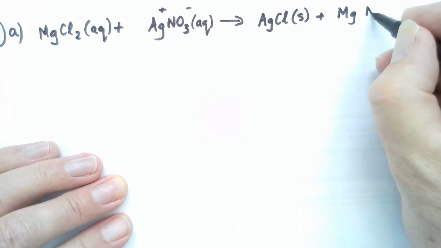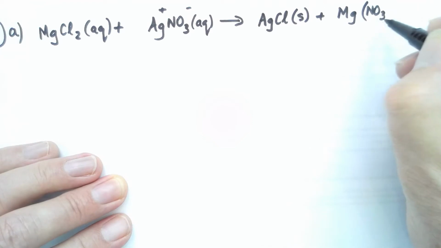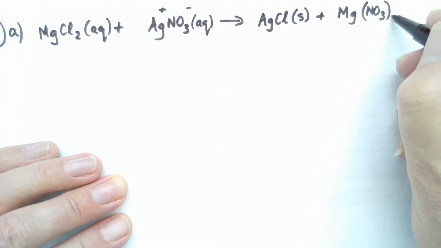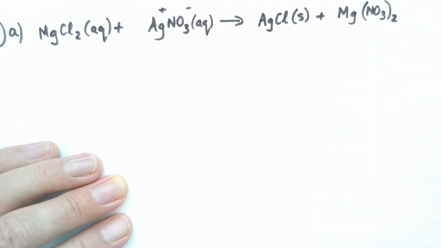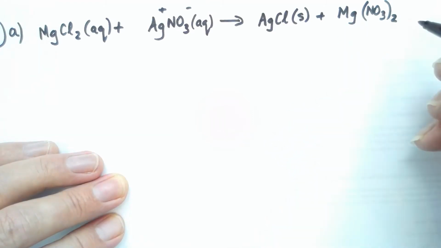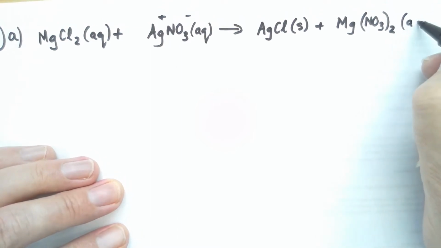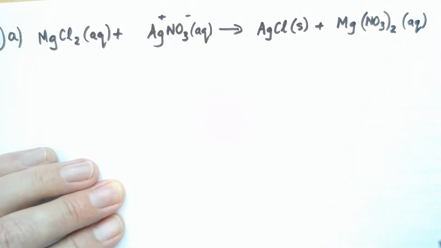We've got our NO3-. So in order to make that electrically neutral, we're going to need 2 of the NO3- to match the 2+ charges on magnesium. And those are in aqueous solution.